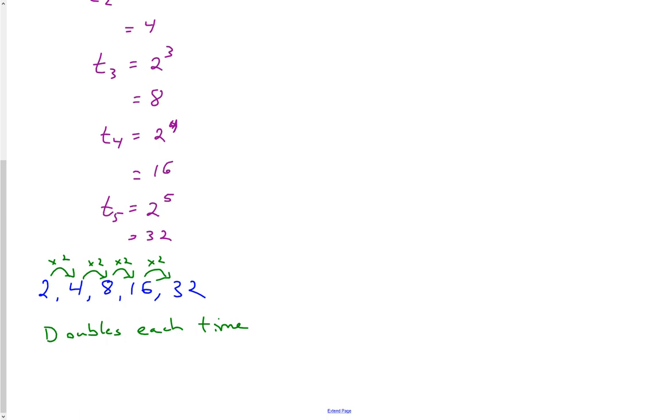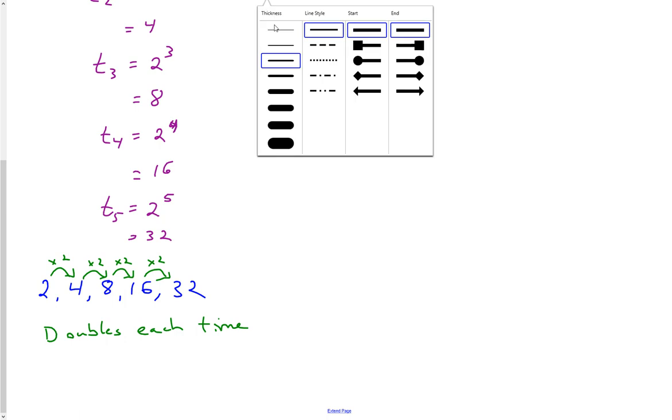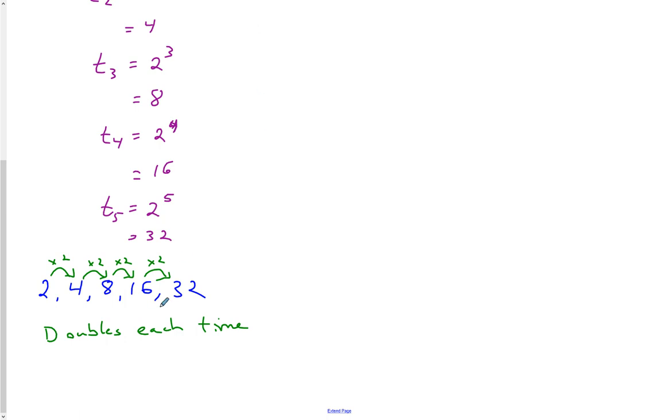And an easy way to show that is we can just divide any two terms. So for example, if I said T5, my fifth term, divided by the previous term T4, I'm going to get an answer of 2, because 32 divided by 16 is 2.